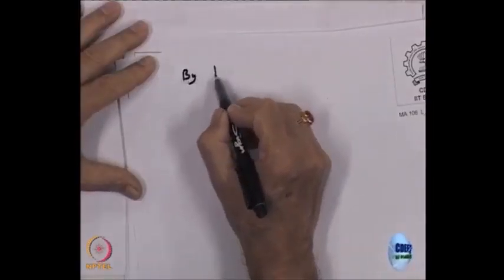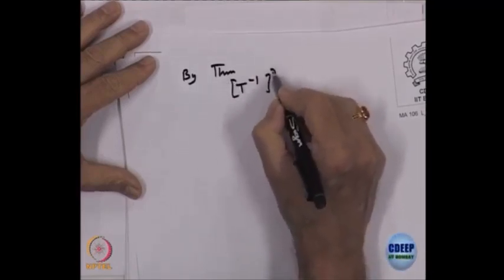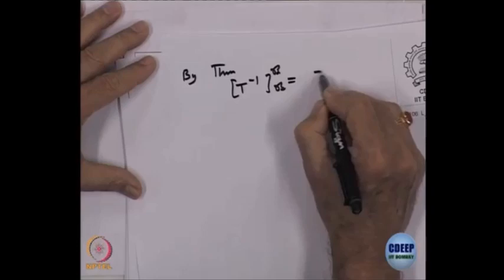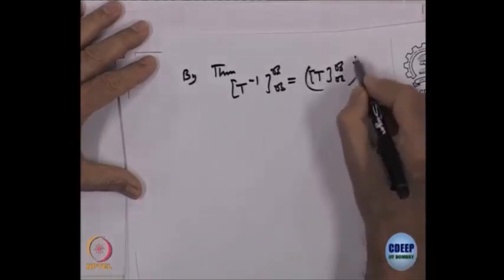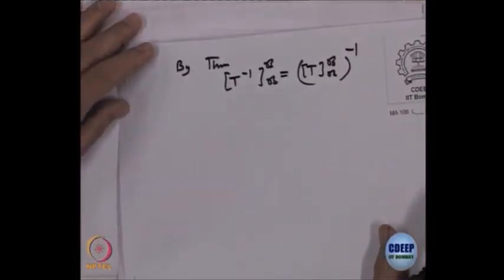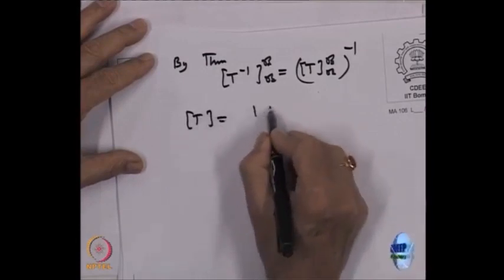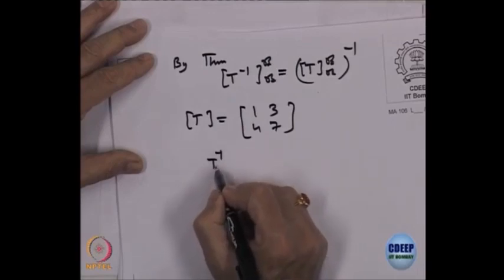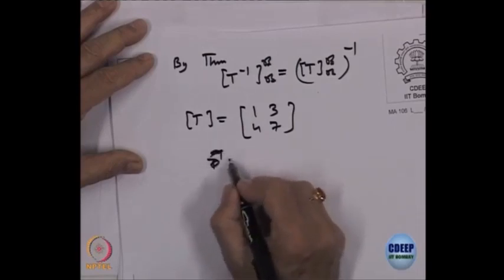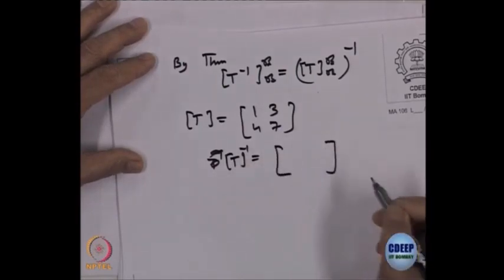By theorem, the matrix of T inverse is equal to, look at the matrix of T and find its inverse. Given the matrix of T, which we had as 1 3 4 7, I have to find its inverse. We will find it because it is nice and simple.